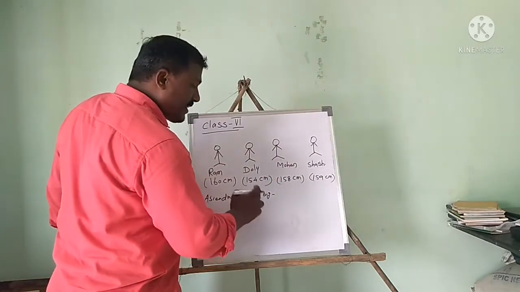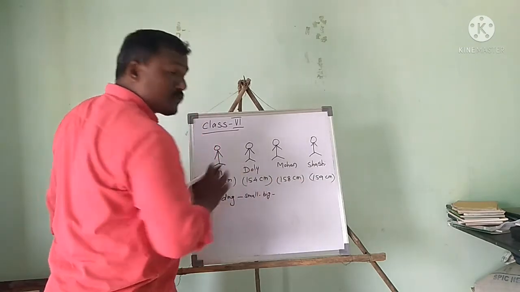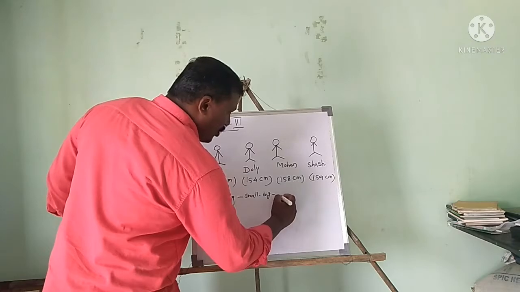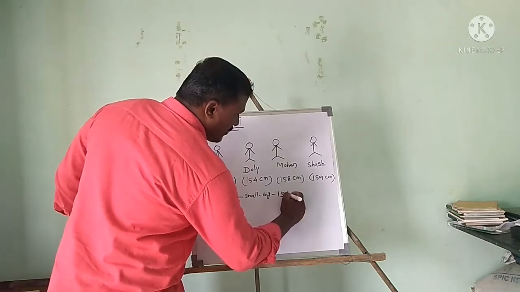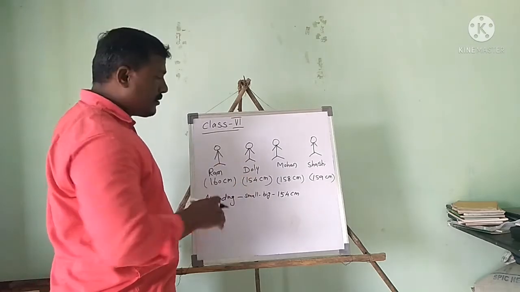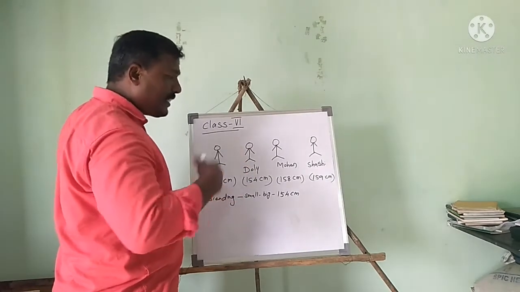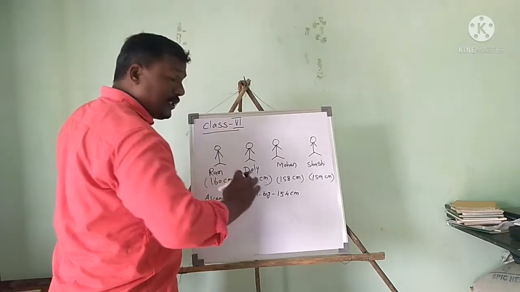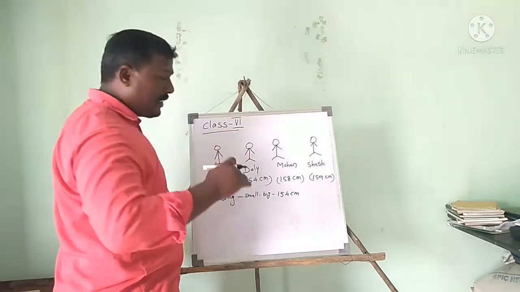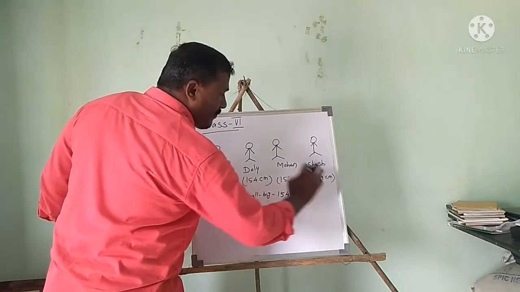Then we take the third digit: 4, 8, 9. Comparing, 4 is the smallest number. So first Dolly is the shortest girl. Then another bigger one, Dolly's height: 154, then 158 and 159.